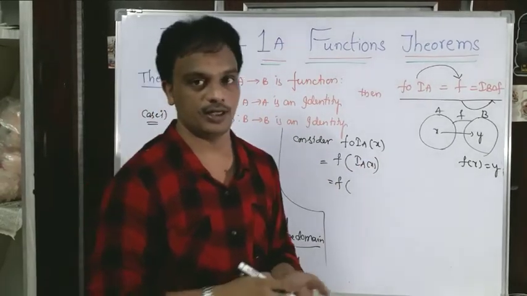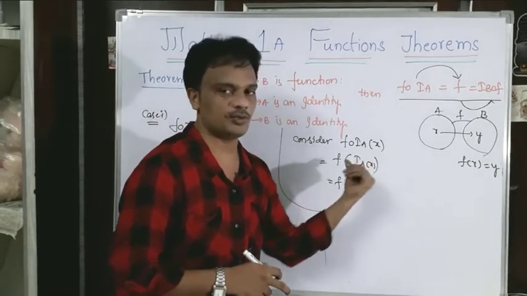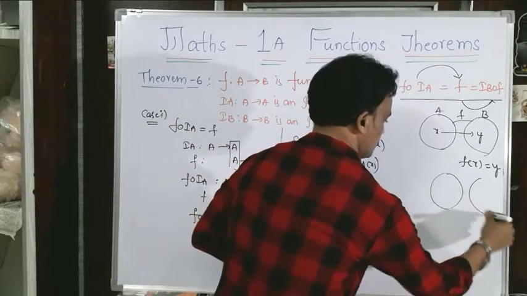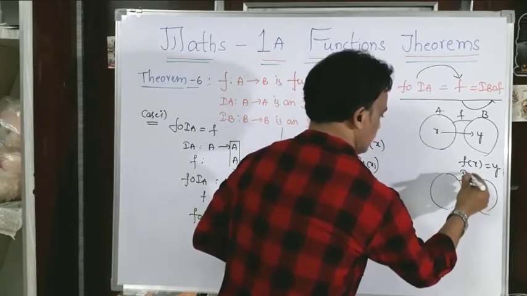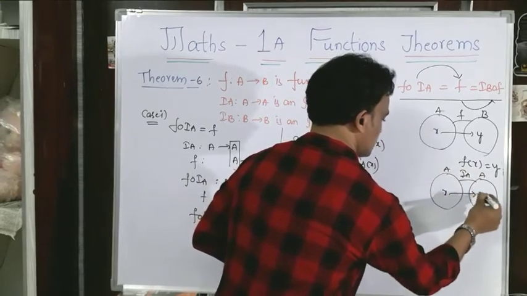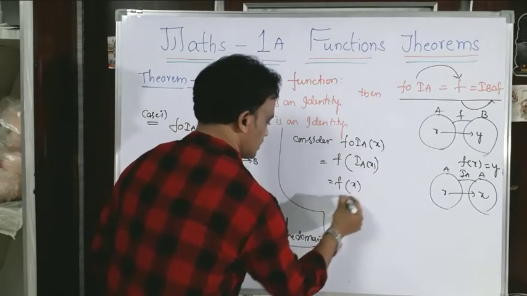Identity function means the element and its image should be the same. This is the identity function on A, defined from A to A, so X to X. So IA of X is equal to X.